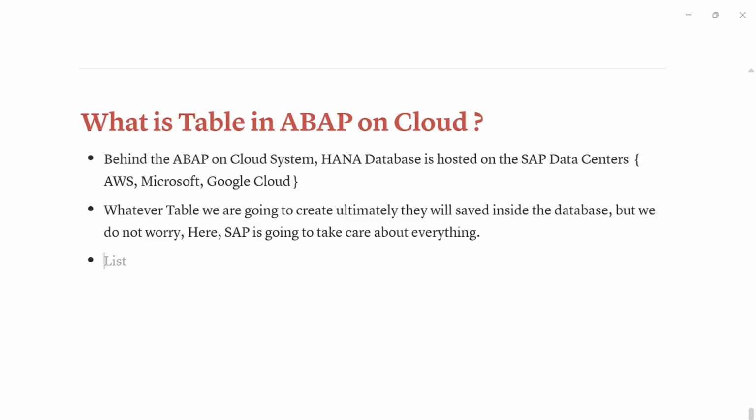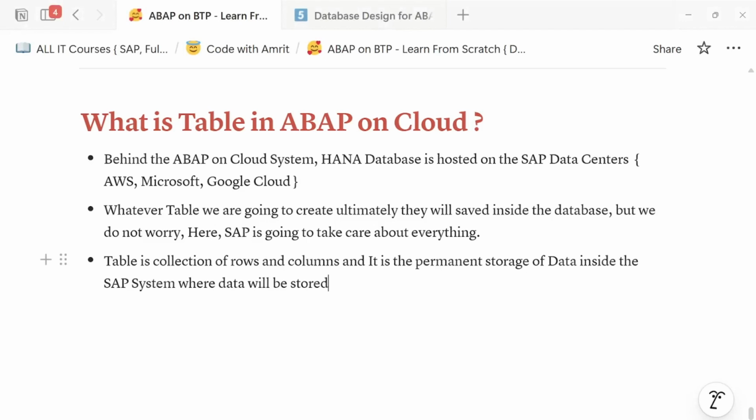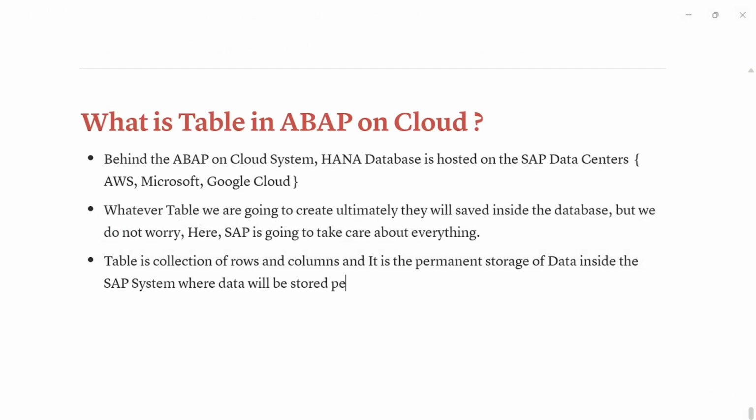So what is a table? Same definition we can give. A table is a collection of rows and columns, and it is the permanent storage of data inside the SAP system where data will be stored permanently.